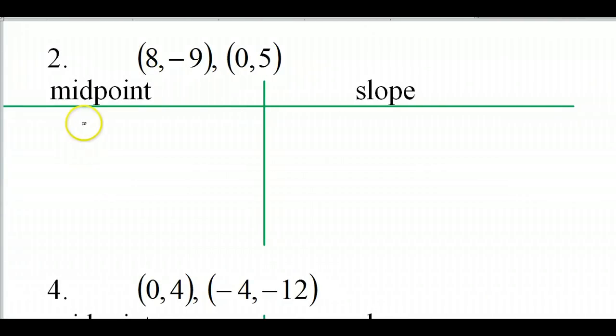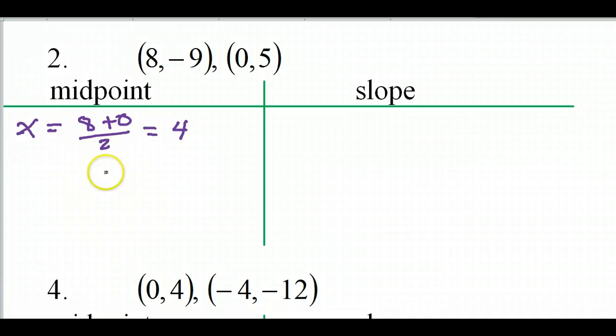Alright, number 2. To find the x value, I'm going to do the average of the x's. So that's going to be 8 plus 0 divided by 2. Well, that's just 8 divided by 2, which is 4.